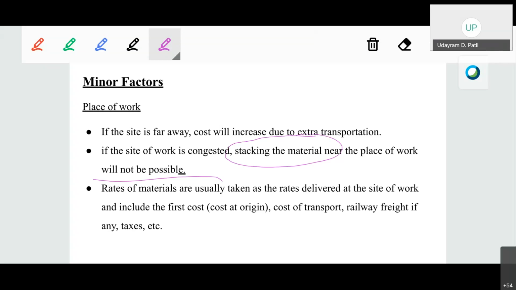Therefore, we may have to rent the nearby properties, the neighbor properties, for storage of our materials. So in that case, that extra cost will be there.